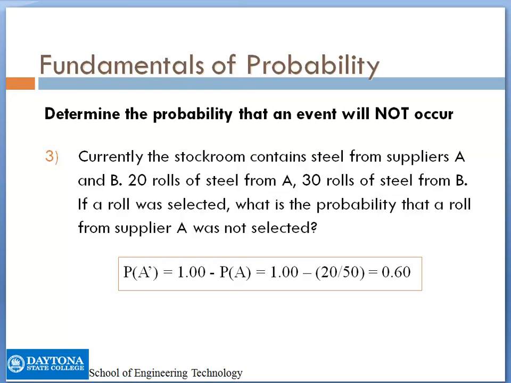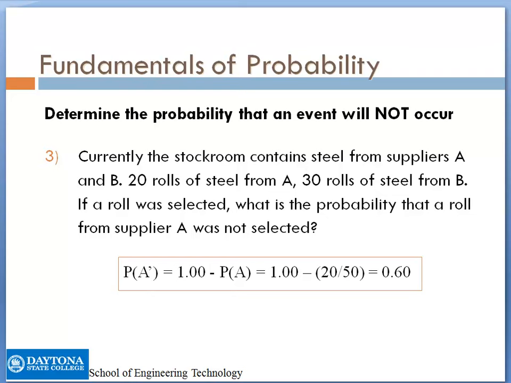So we know that the total probability is always equal to 1. So to find the probability of non-occurrence, we just subtract the probability that we know from 1. The probability of A is equal to the number of occurrences, which is in this case 20, because we have 20 rolls of steel coming from supplier A, divided by the total of possibilities, which is 20 plus 30, or 50.